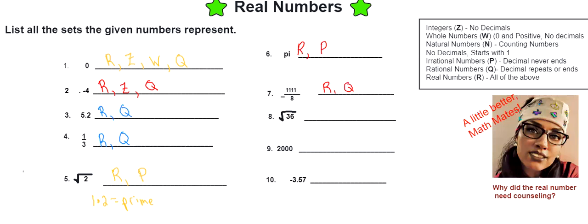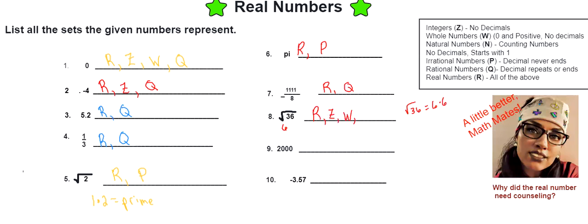Let's take a look at the next one, the square root of 36. Well, the square root of 36 can be put on a number line, so it's real. The square root of 36 asks what times itself is 36. Well, 6 times 6 is 36. So the square root of 36 is 6. Is that an integer? Yes. Is that a whole number? Yes.